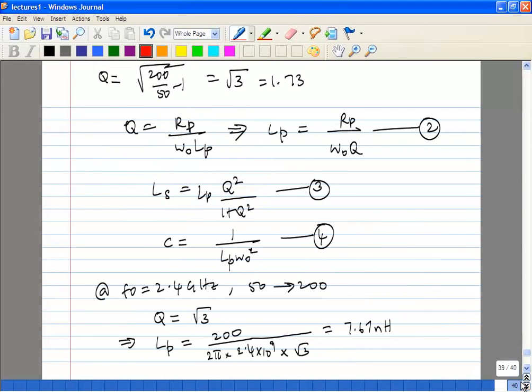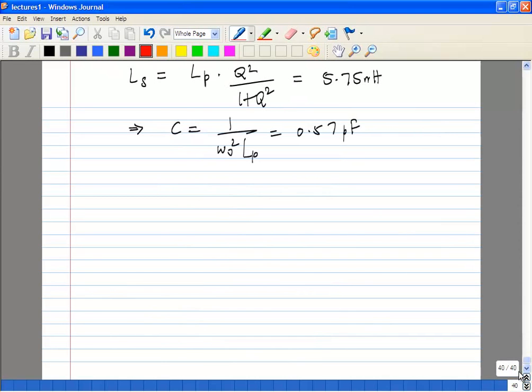Okay. So now let's look at a different kind of transformation circuit. We'll do the same thing, except we are going to look at what is called the high pass. Okay, so this is called the high pass L match.